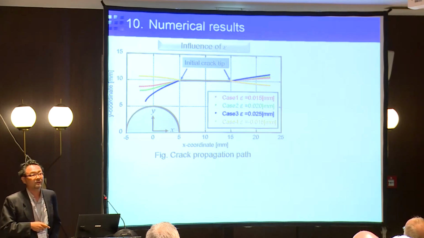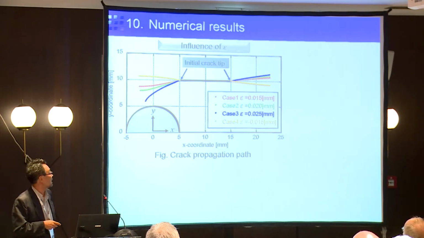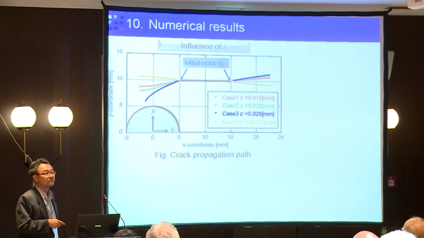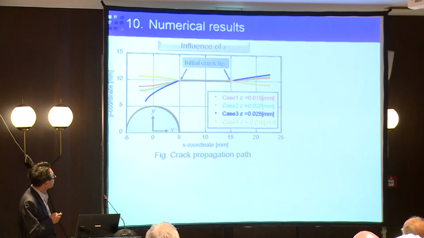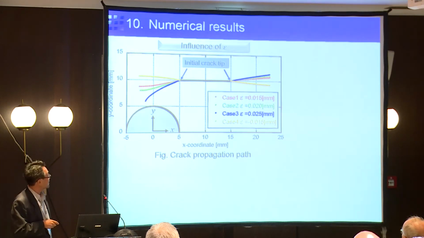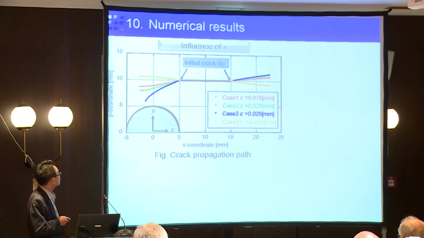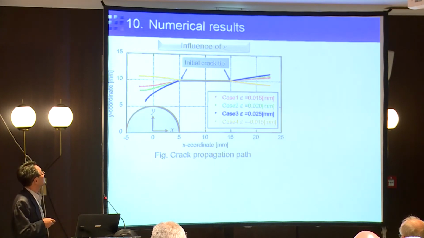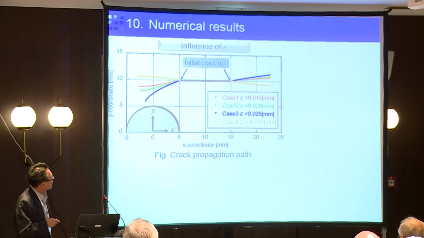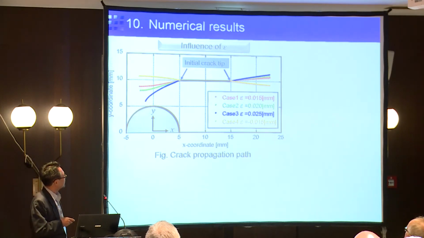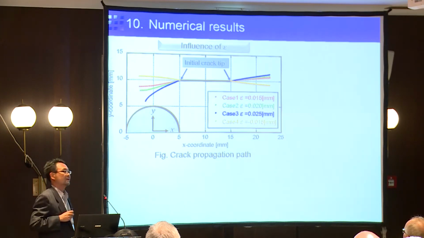Let me show you some results related to the crack propagation path geometry. This is the initial straight crack line. By using this model, we do the calculations to simulate the crack propagation path geometry. In these cases, we consider the influence of epsilon. When epsilon is positive, the crack tip goes toward the precipitated inclusion.